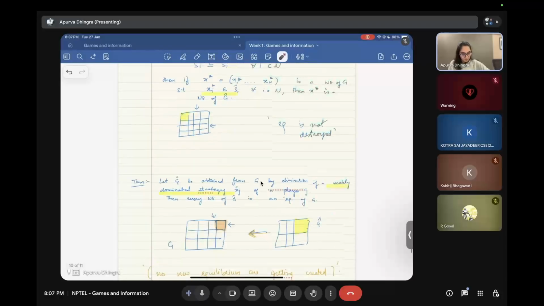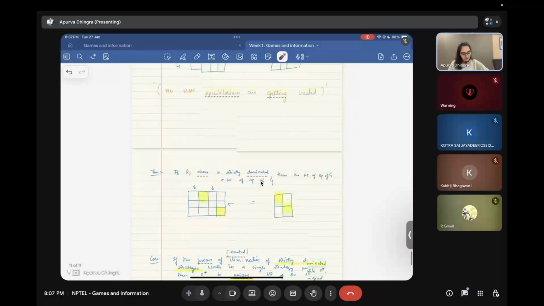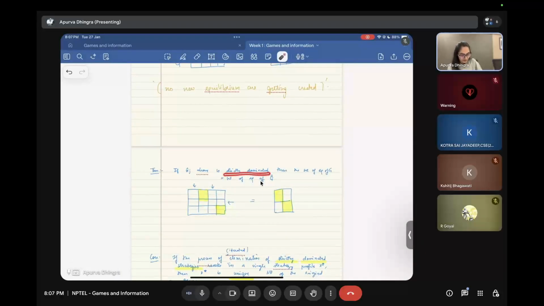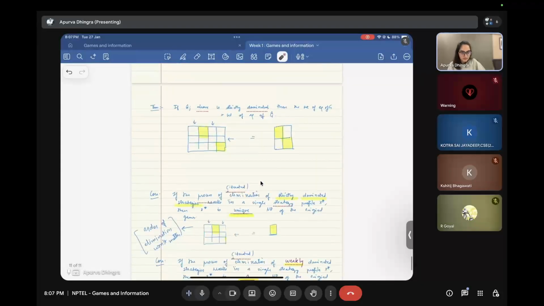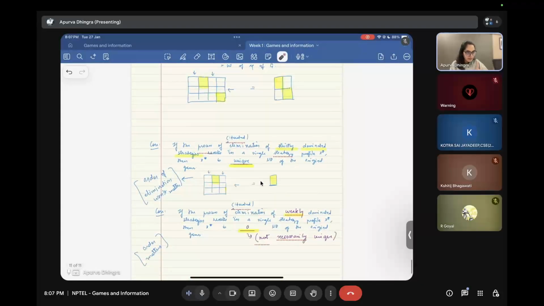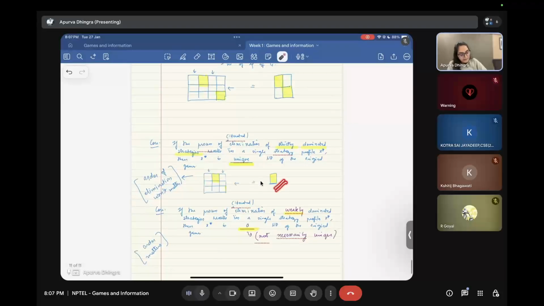Then as a combined version of these two, if we are dealing with strictly dominated strategies, in that case the set of equilibria would be the same in the original and the reduced game. And this means if there was only one Nash equilibria in the original game, with elimination of strictly dominated strategies, we would get that as the unique equilibria in the other game also.